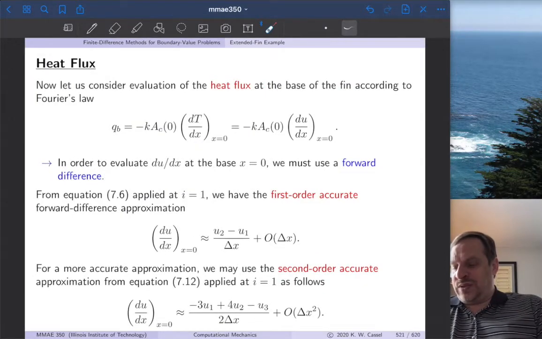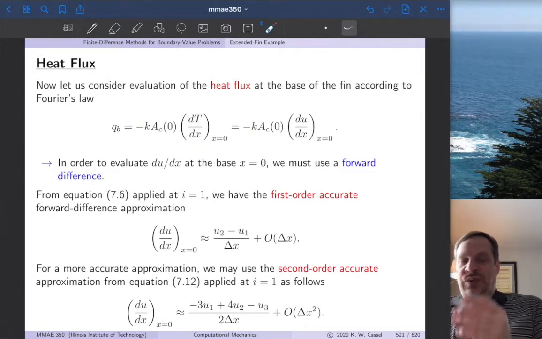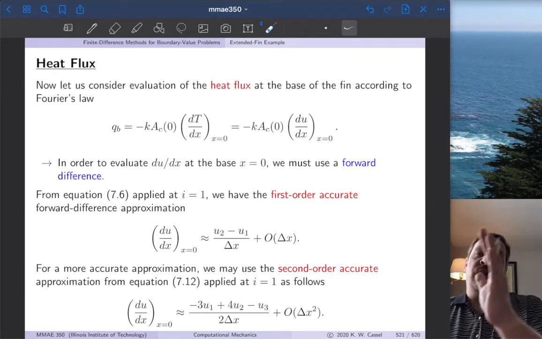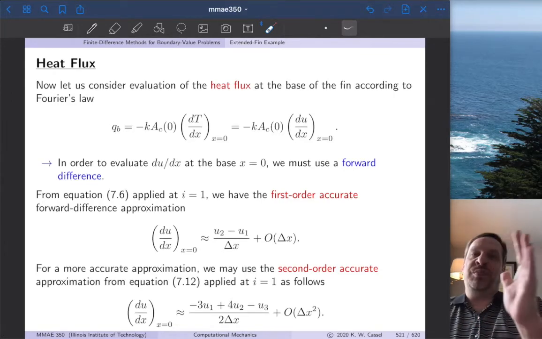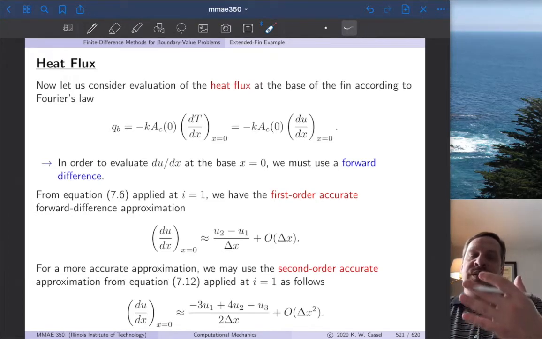And then the heat flux, so for example, in the case where we are trying to draw heat away from a hot CPU chip using these extended fins, we'd like to know how much heat is being drawn away.